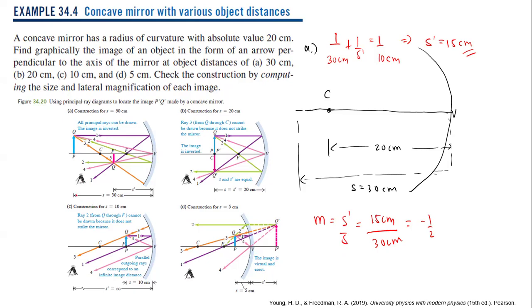So let's focus on this image here. We don't know the height, but the ratio is also equal to y prime over y. This is equal to 1/2. So the height must be in the ratio of 1/2. Okay.